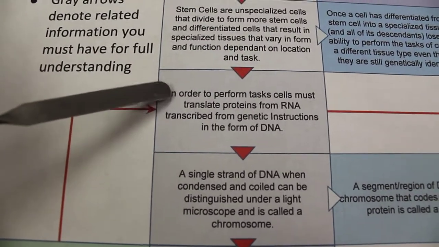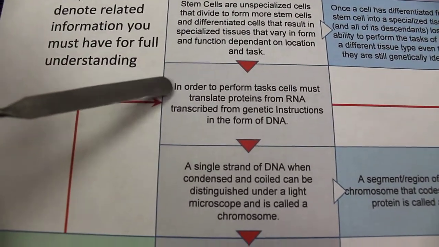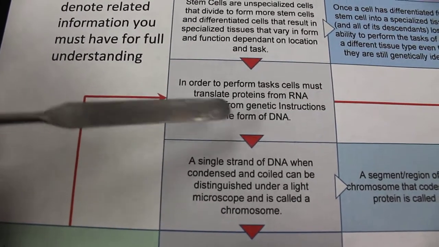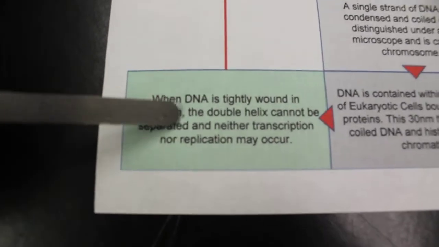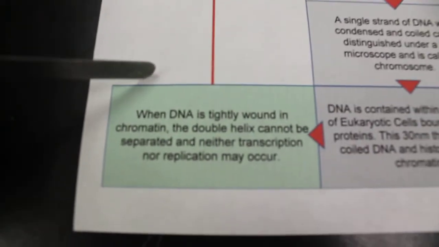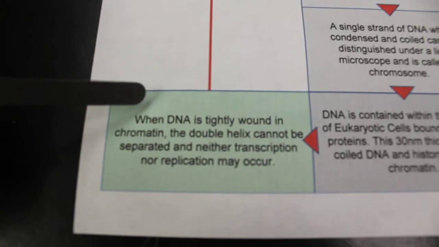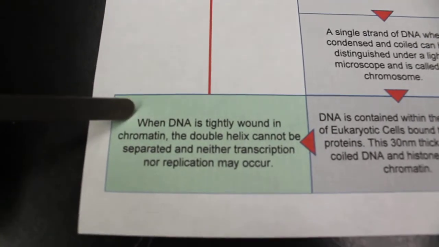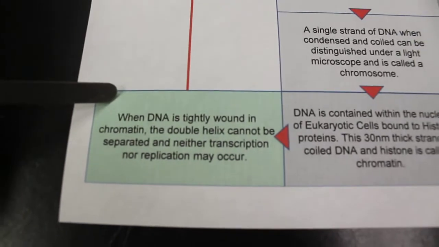Those genes being turned off means that you can't translate the RNA that would be made from that DNA. And you can't translate the RNA because you can't transcribe it from DNA, because when it's coiled as chromatin, it can't be separated in order for transcription to occur at all.